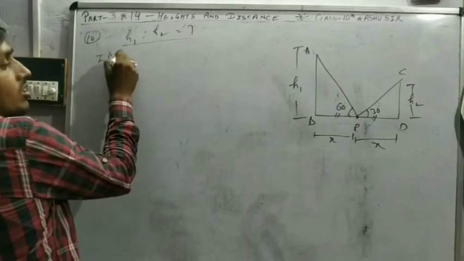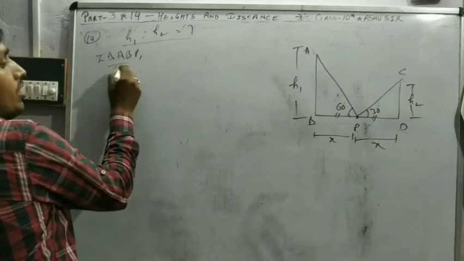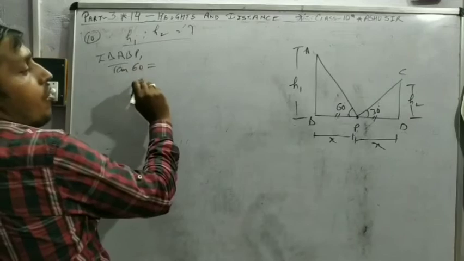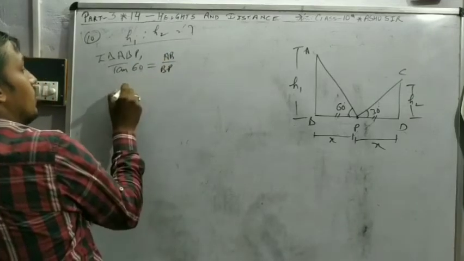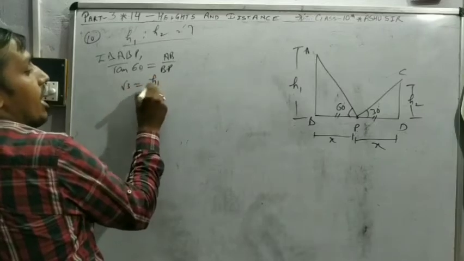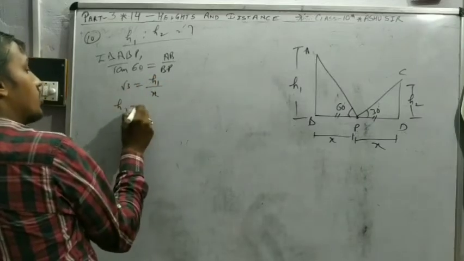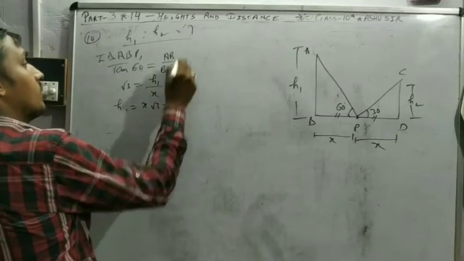Then take the triangle. In triangle ABP, tan 60 is AB upon BP, root 3 equals h1 upon x. So h1 is equal to x root 3.